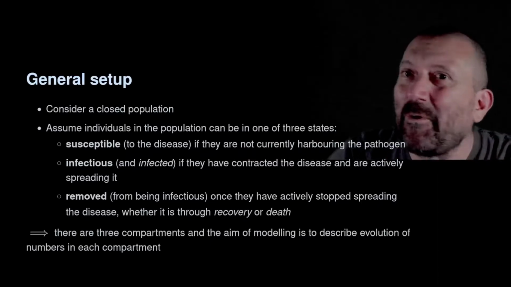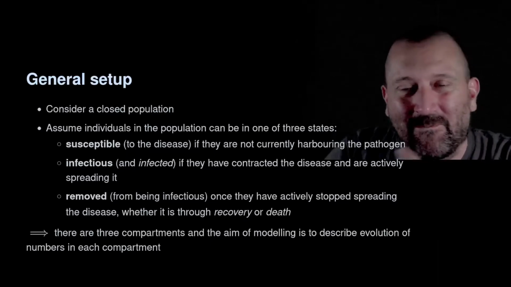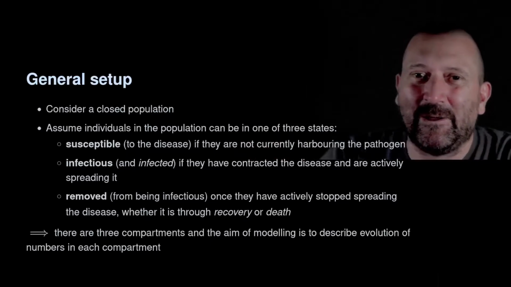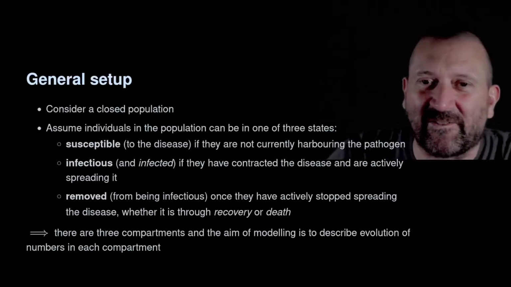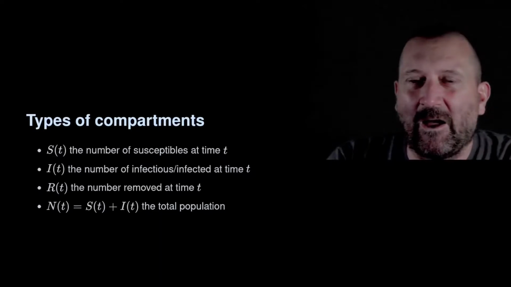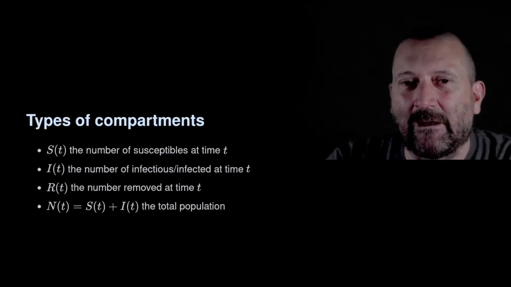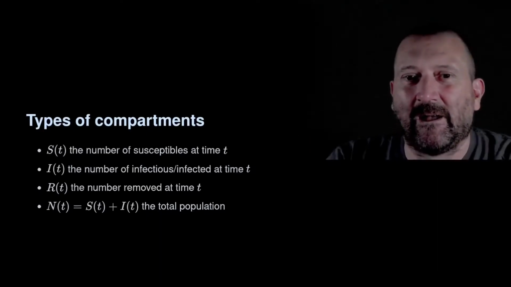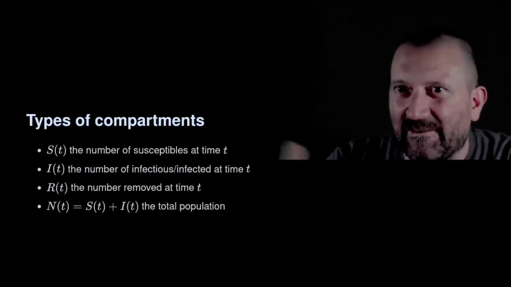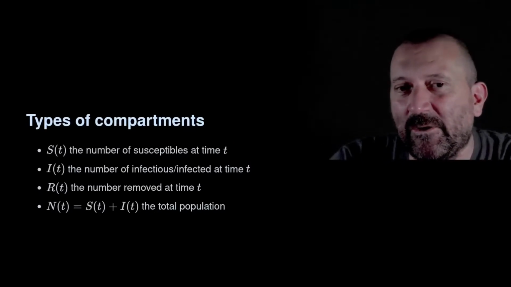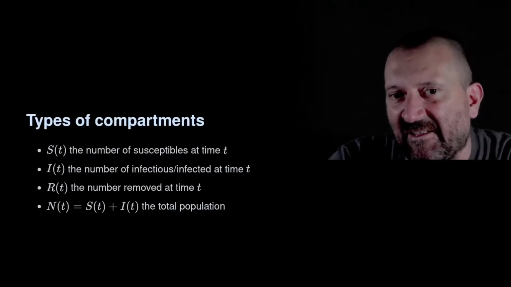For some of you, this is very natural, you've seen this already, but for those who don't know, let's go through the process in detail. First of all, in terms of notation, I'm going to introduce three different compartment types, and I'm going to denote these compartments as S, I, and R.